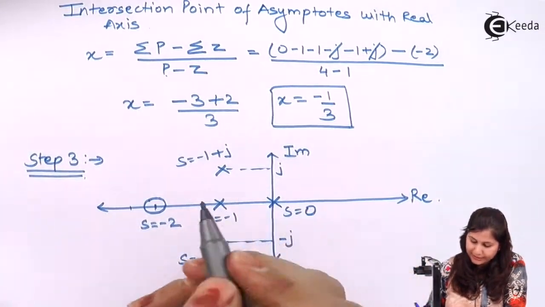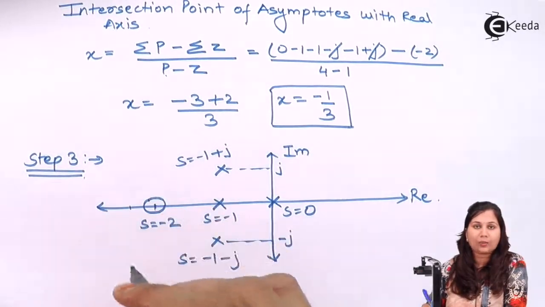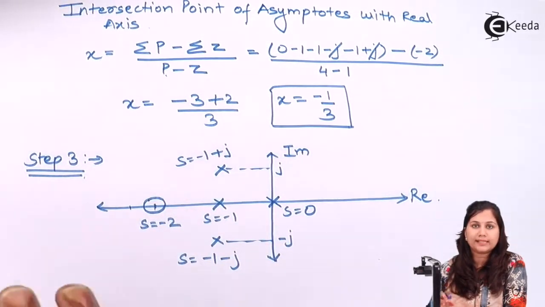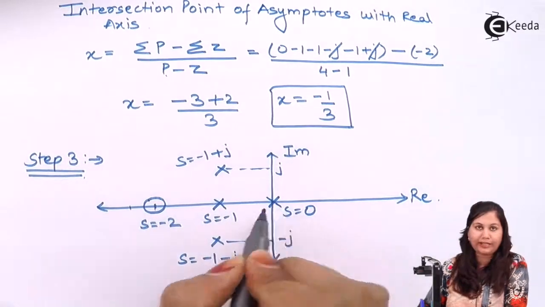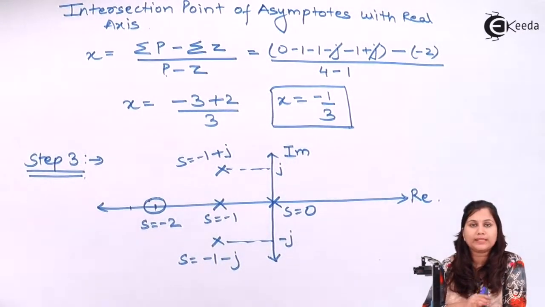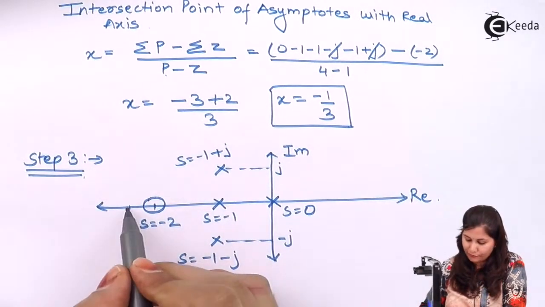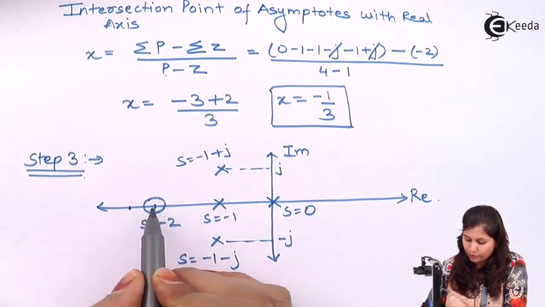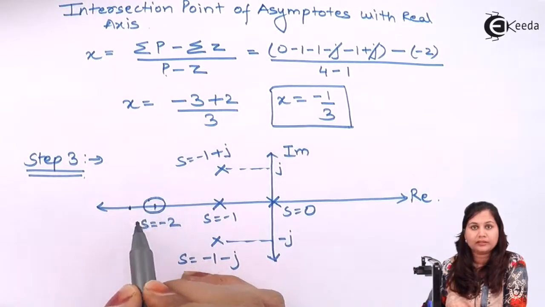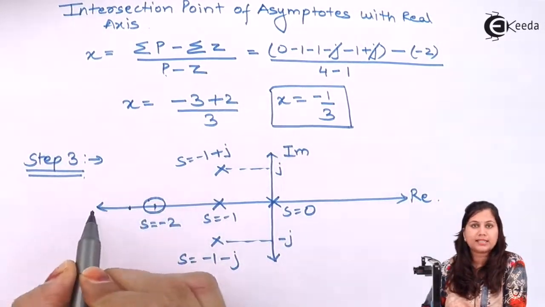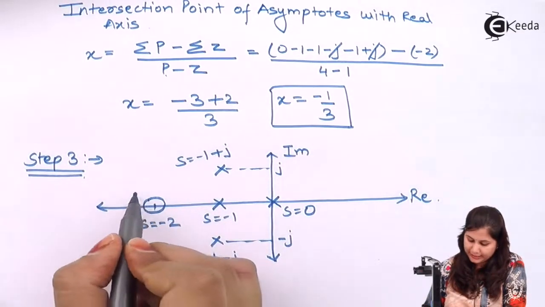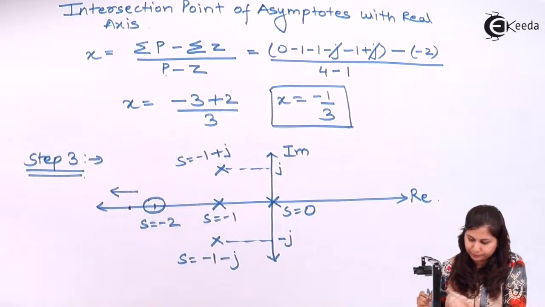And to the right hand side of this point, count the number of poles and zeros. We have 1, 2, 3, 4, 5. We have 5 poles and zeros on the right hand side of this point. So for this zero, the direction of the root locus will be towards this point. Okay, that is in this direction.